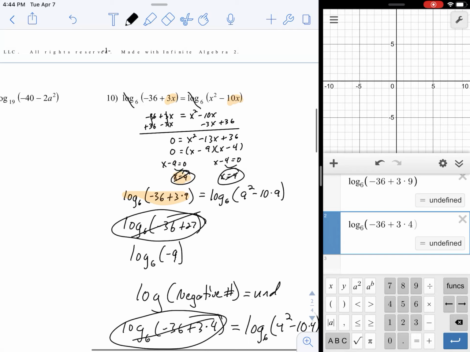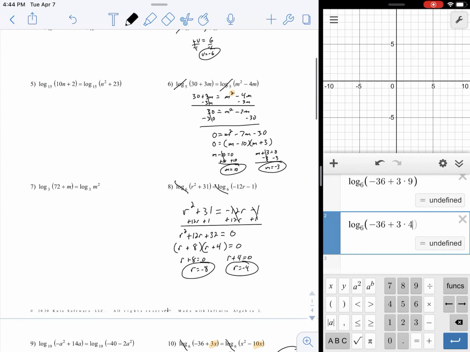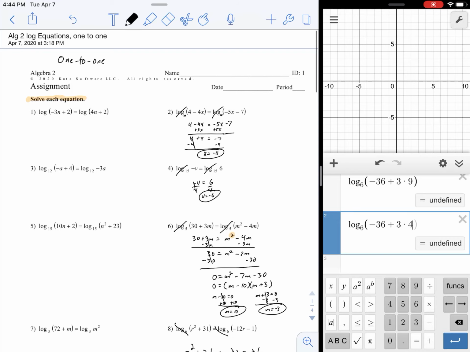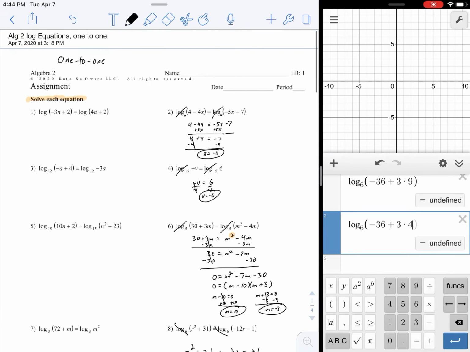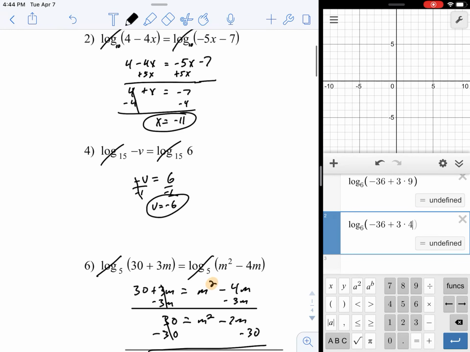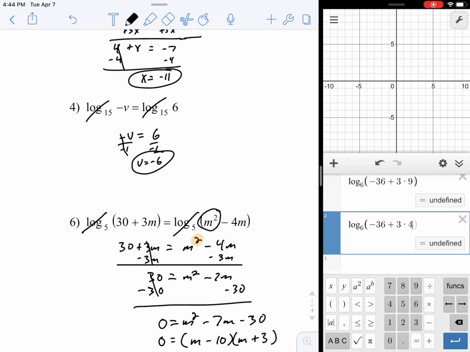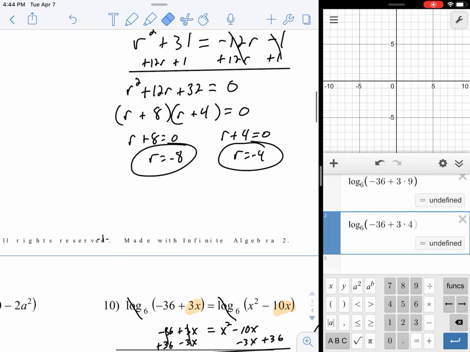Well, if both answers are extraneous, that means this problem has no solution. So the rule is you're always supposed to check your work by plugging a number back into logarithm problems to see if you get an extraneous solution. On these first couple, it's just not going to happen. They're very basic. But when you get to having squares in there or higher powers, that's when you have to really start worrying about it.